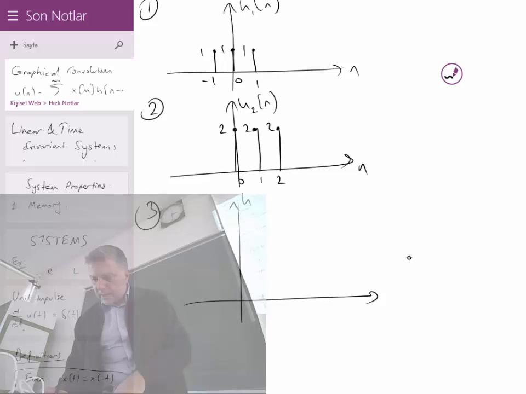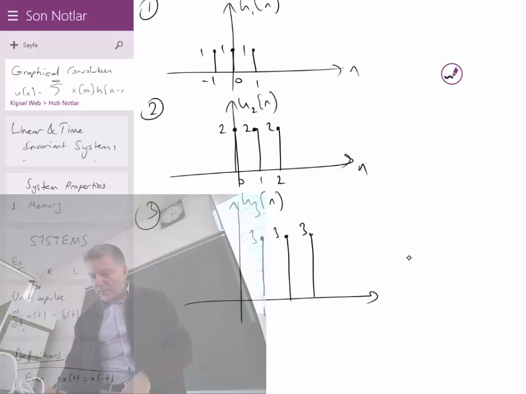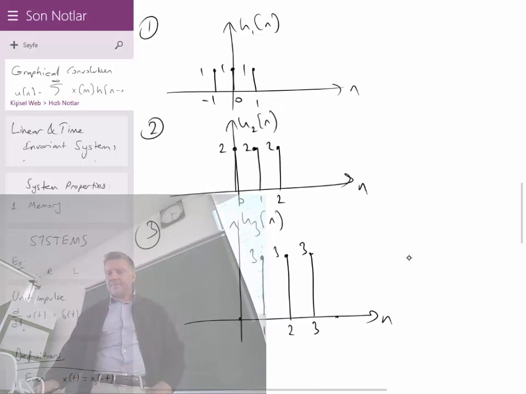It is h3 of n, which is equal to 3, 3, and 3, and they are all shifted towards right by 1. So this one is 1, 2, and 3. The others are all zeros again on the axis of n.